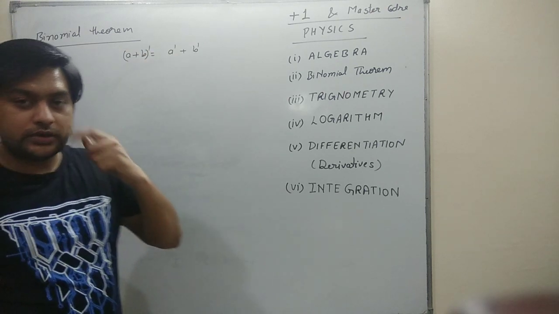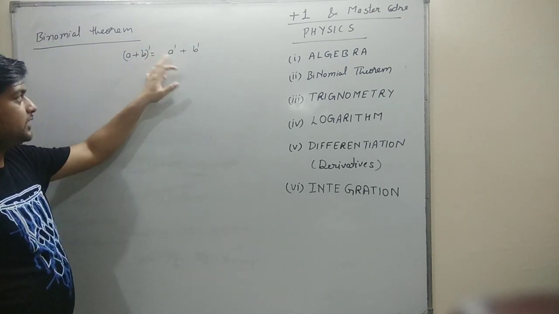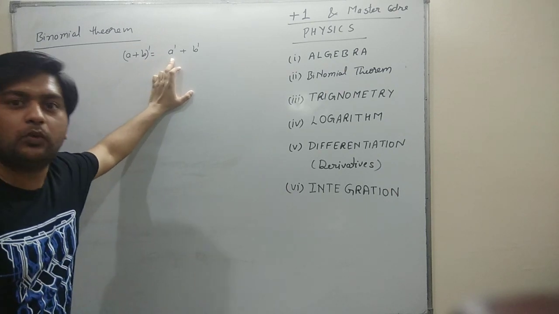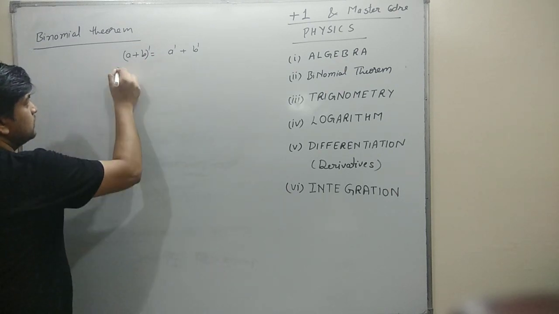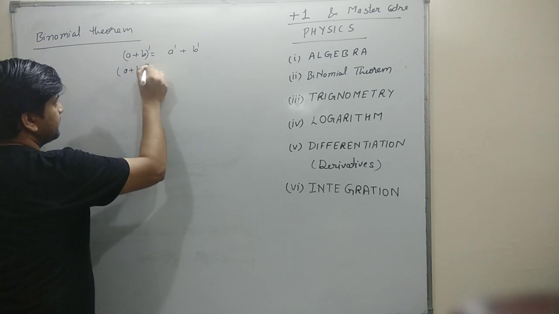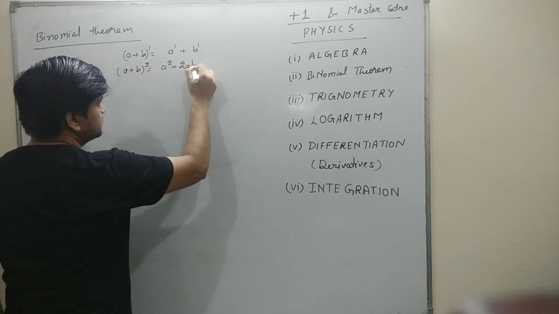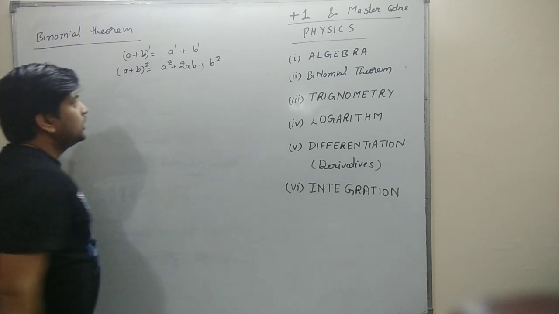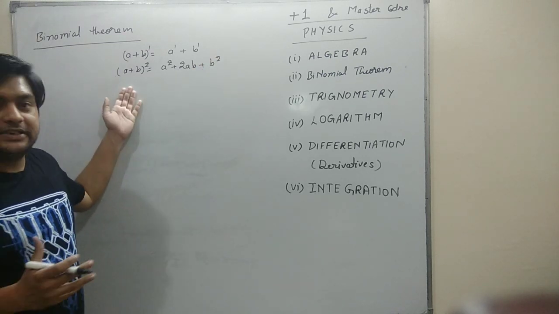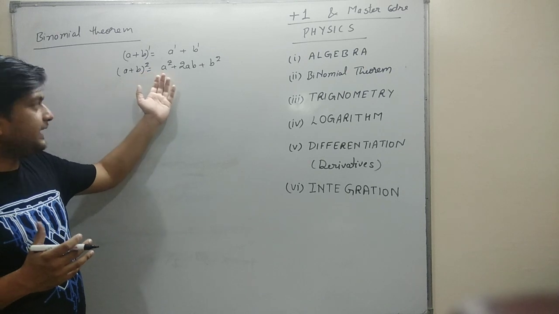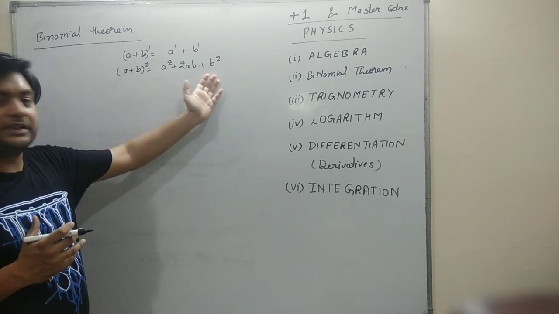If the total power of a plus b is 1, I can write it as a raised to power 1 plus b raised to power 1. If I have a plus b raised to power 2, I can write it as a square plus 2ab plus b square.